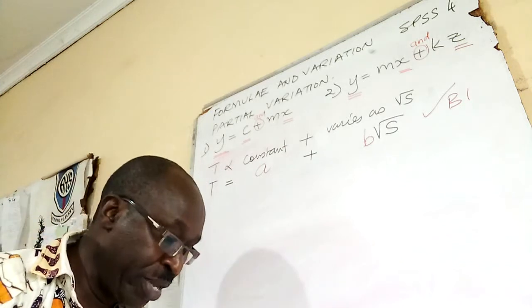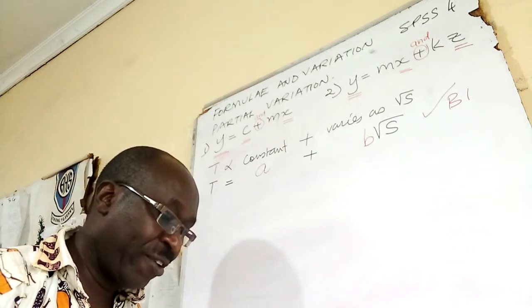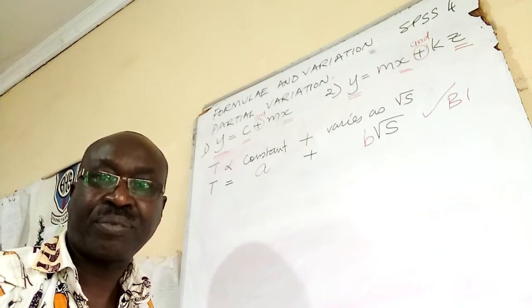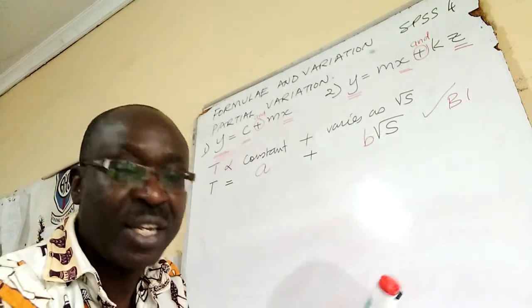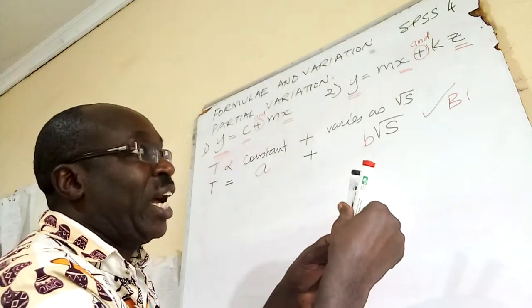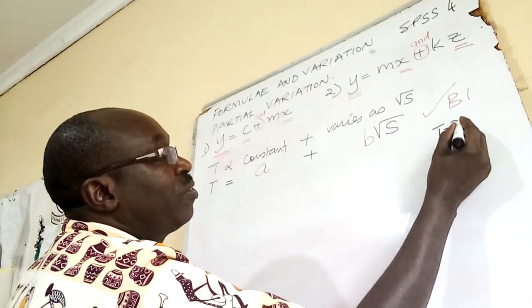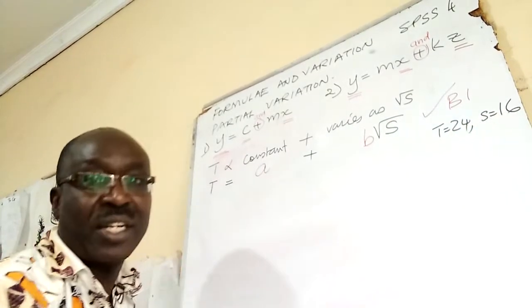Then we go to part B, that T is 24 when S is 16. T is 24, S is 16. So I write here, T is 24, S is equal to 16.